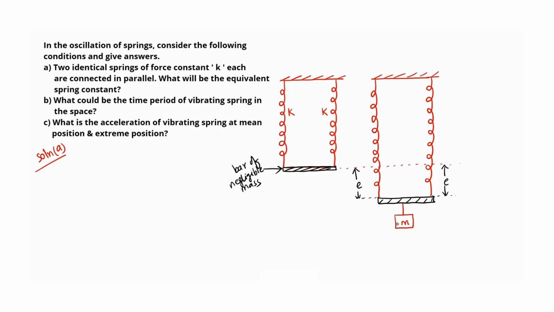So what we find, force or weight equals mg, acts in the downward direction. So we have force or load or weight equals mg acting in vertically downward direction.